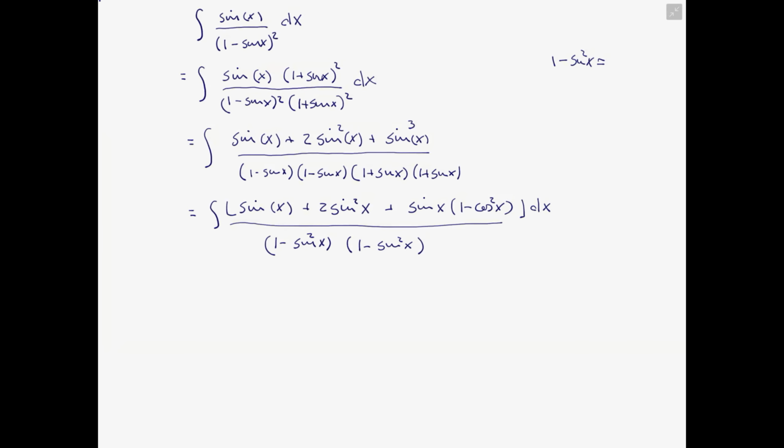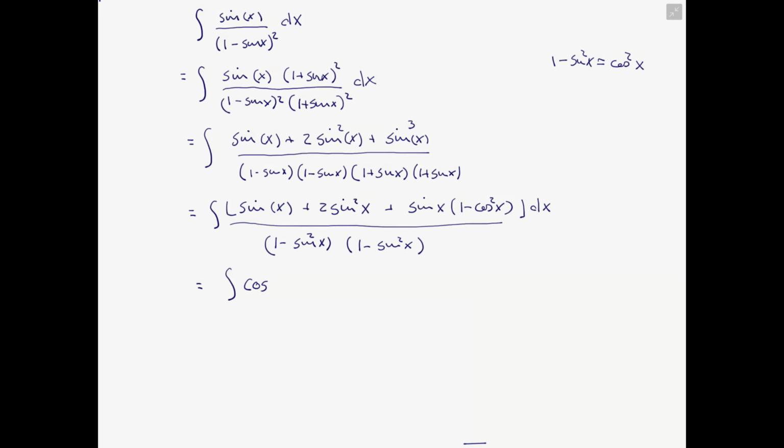And we know that 1 minus sine squared x is cosine squared x.